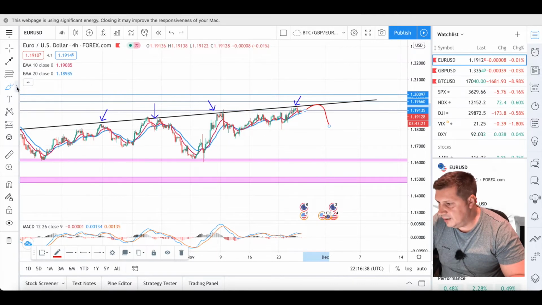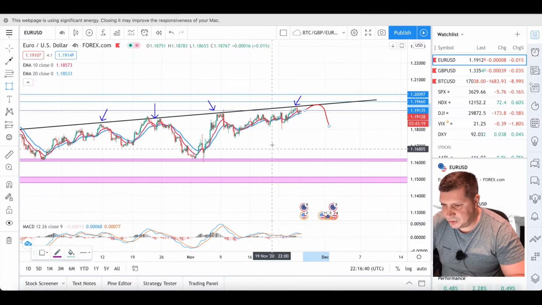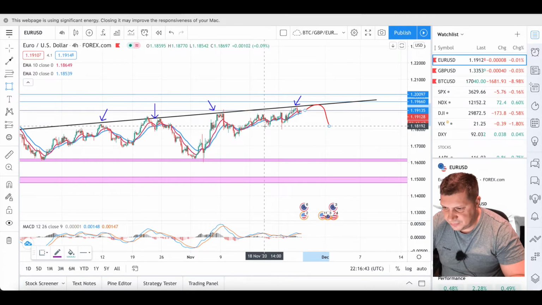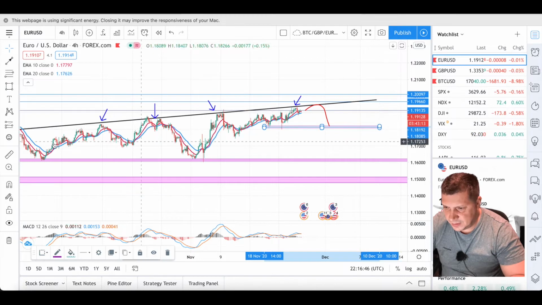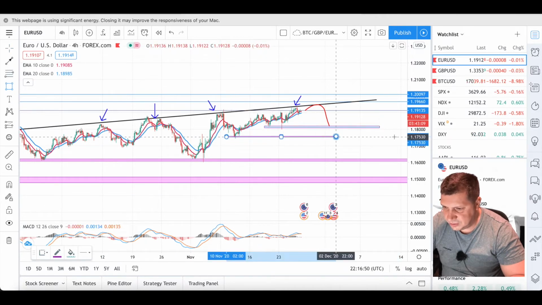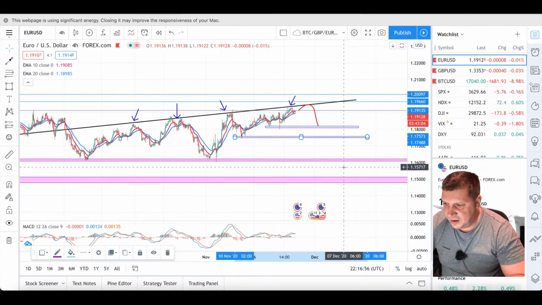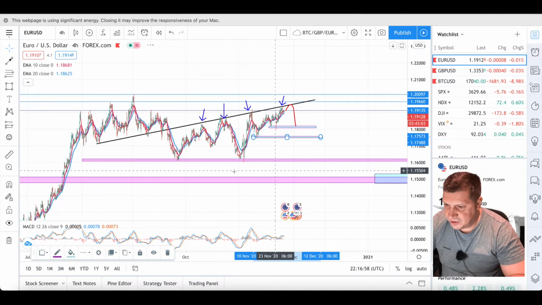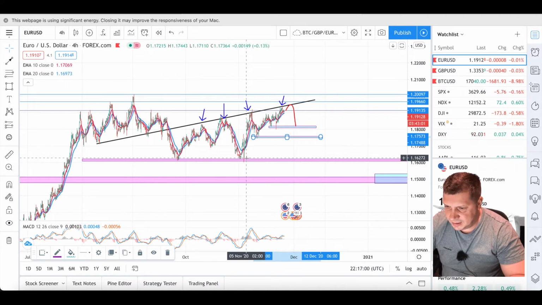First of all, we have several supports. One support is pretty strong, right here. Another support that is also very strong is right here. Then of course, a very important line is at 1.161.